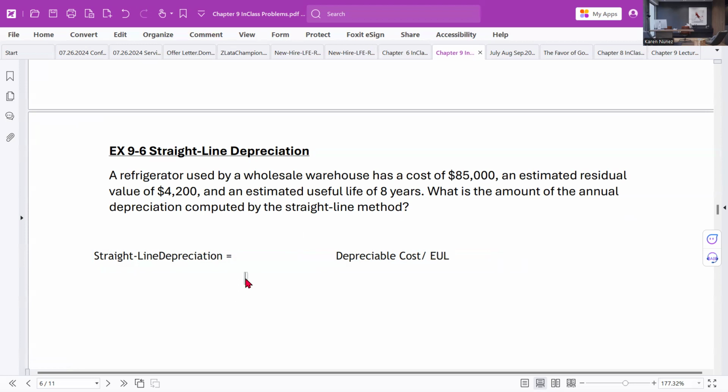So in this case, what we have here is 80,800 divided by 8 years.